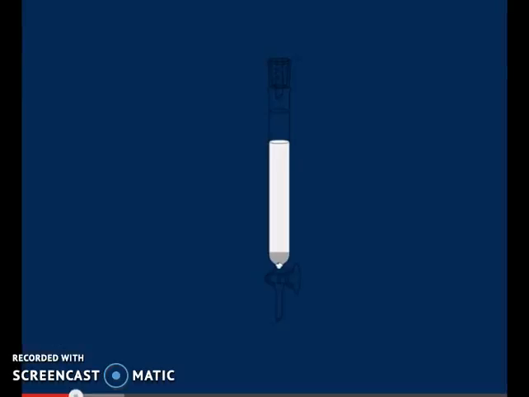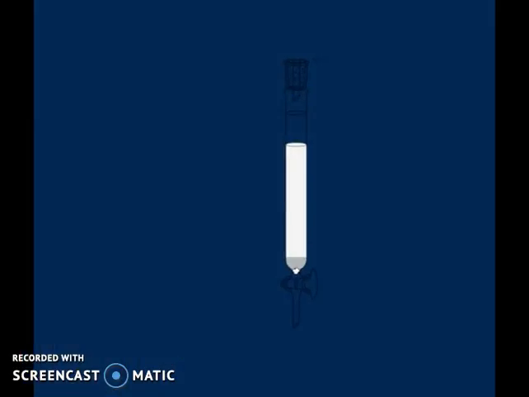So let us see what actually really happens in the column for further understanding. So this is a column filled with the calcium carbonate. And let's zoom in to see what actually really happens in the column.